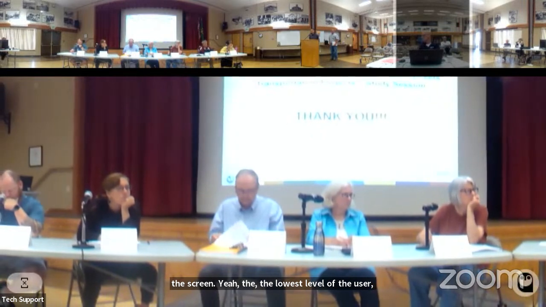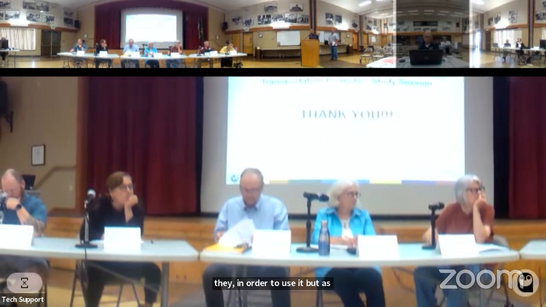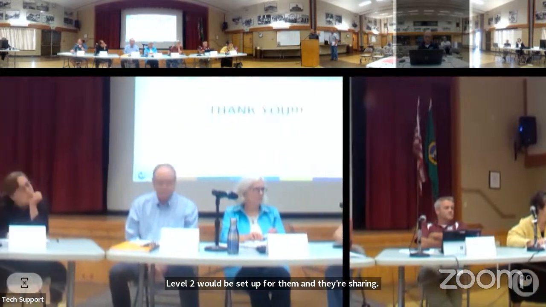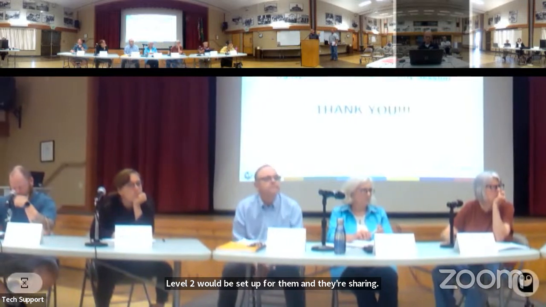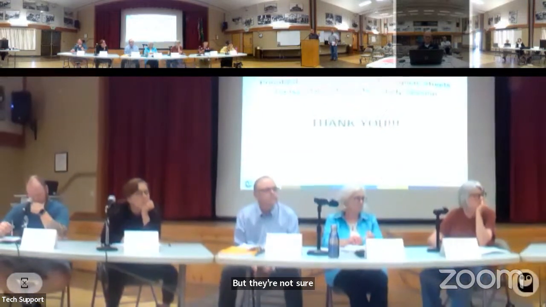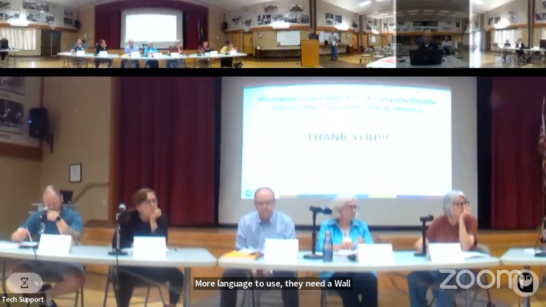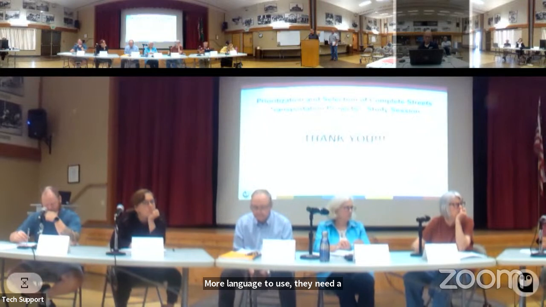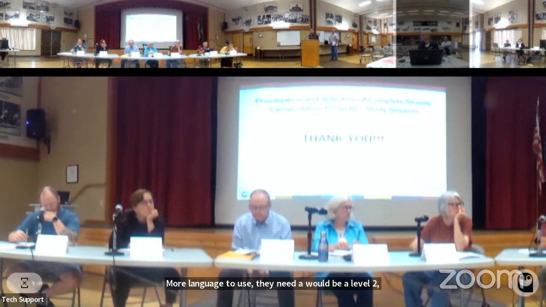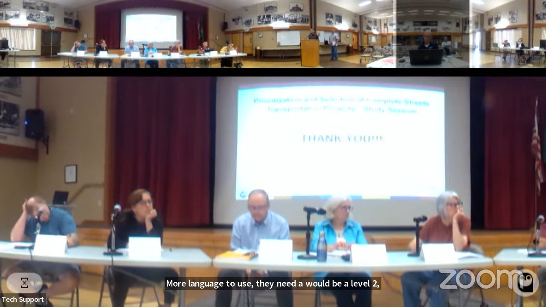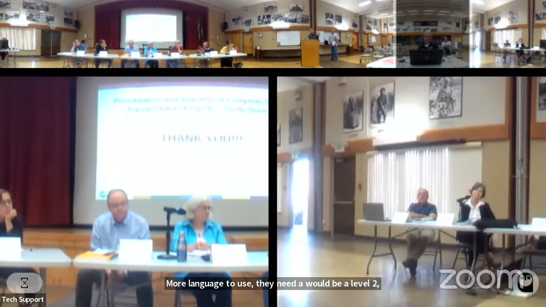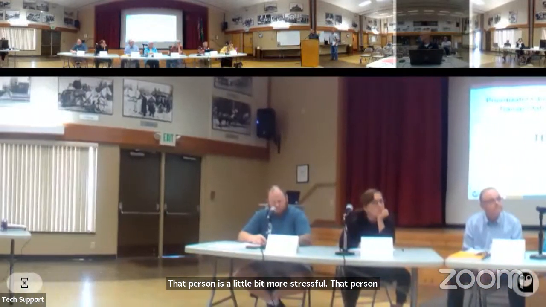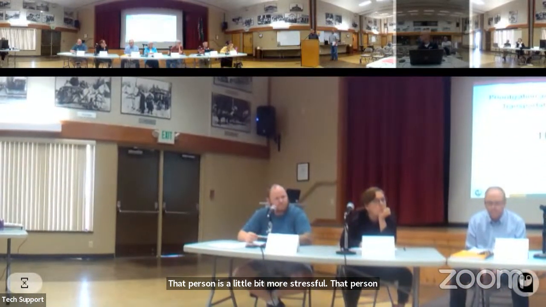Level 2 would be a step up from that. They're curious, they're interested in traveling, but they're not sure. That user is more likely to use an on-street facility, like a bike lane, which would be a level 2 stress corridor. Up from that, it's a little bit more stressful. That person is confident, but they would use something like a shared use pathway, where you have more interaction with the cars.